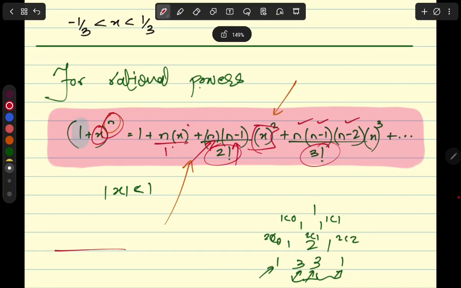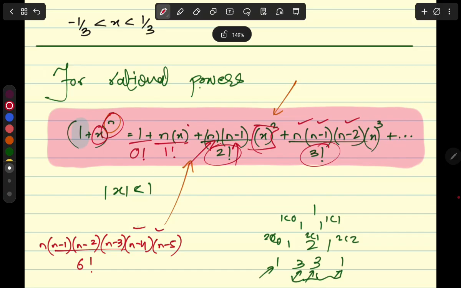So this was divided by 1 factorial, this was divided by 0 factorial. So the 7th term is going to be divided by 6 factorial, right? And the expansion is going to go all the way till n times n minus 1, n minus 2, n minus 3, n minus 4, and n minus 5.